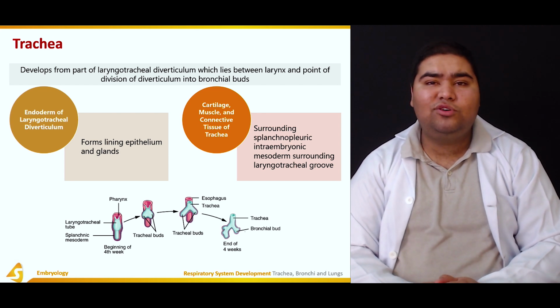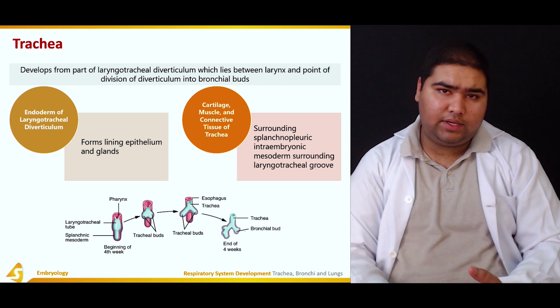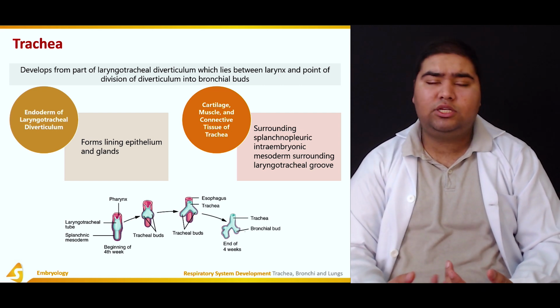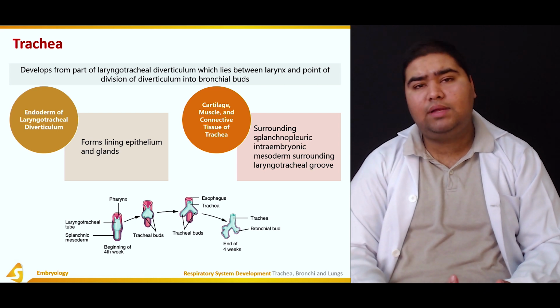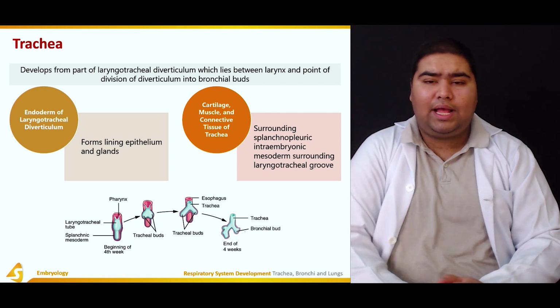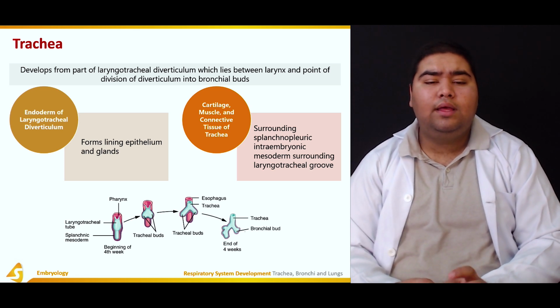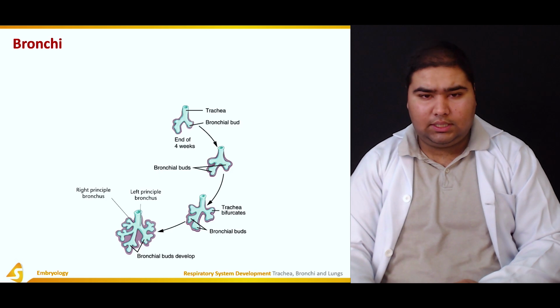So this is true for the entirety of the respiratory system. The endoderm of the respiratory bud is responsible for the production of the epithelium and the glands of the adult structure, and the cartilage, the muscles, and the connective tissue are contributed by the splanchnic mesoderm.